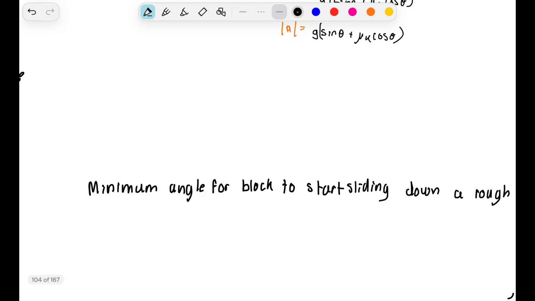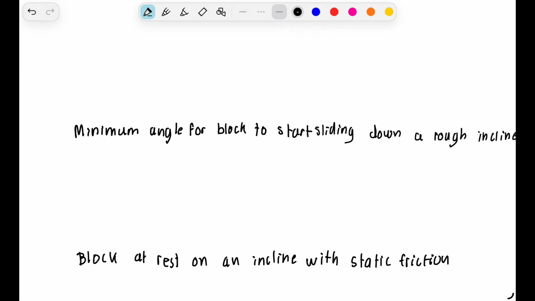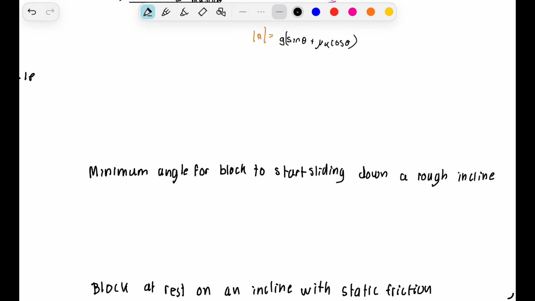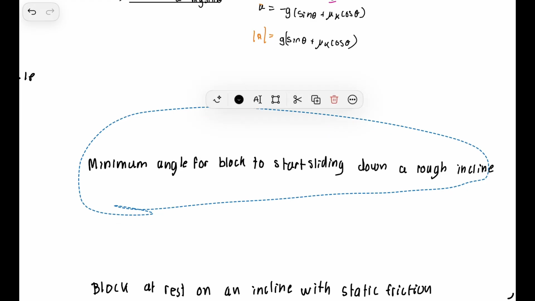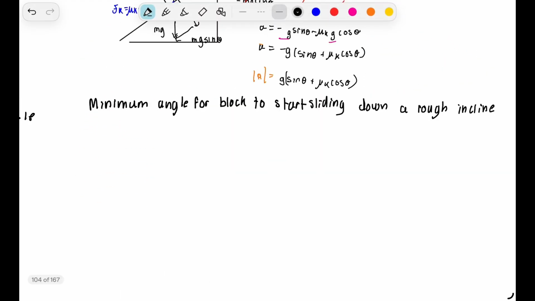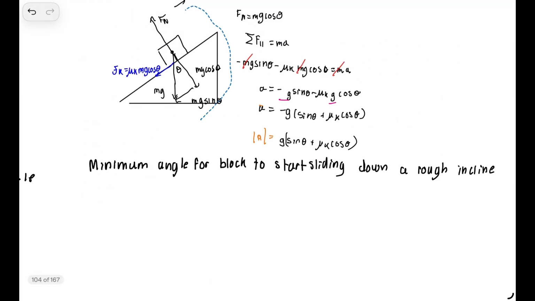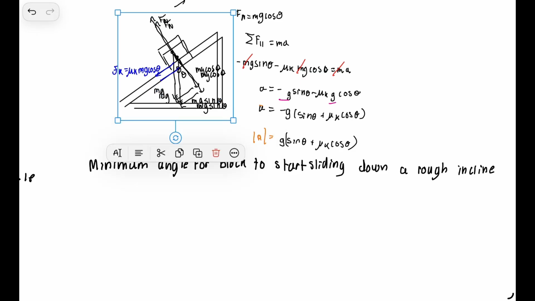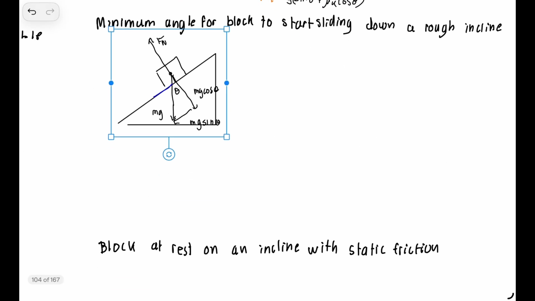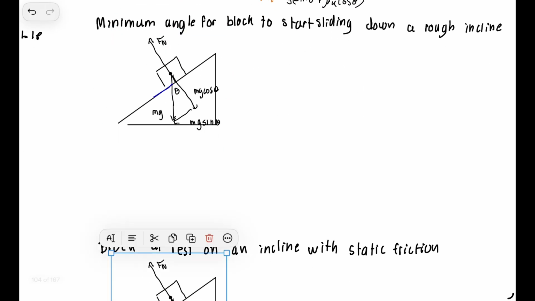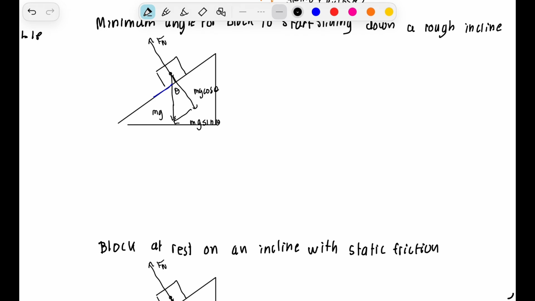Now, what if we are trying to find the minimum angle for the block to start sliding down a rough incline? Well, let's take our setup again. So that means that you have a threshold.